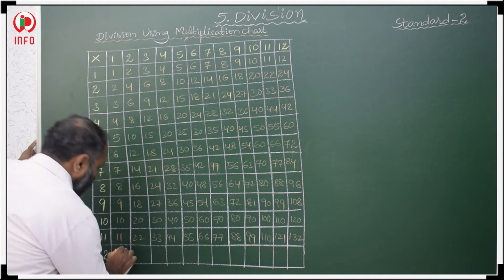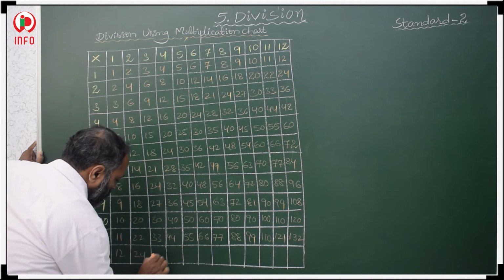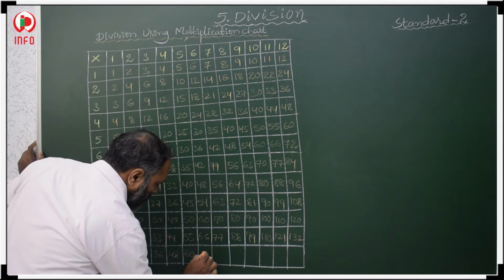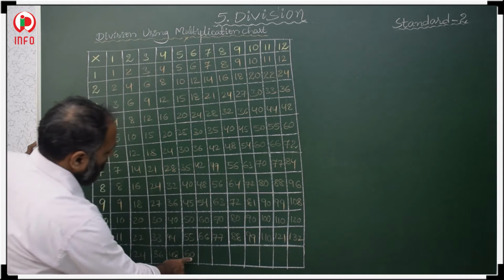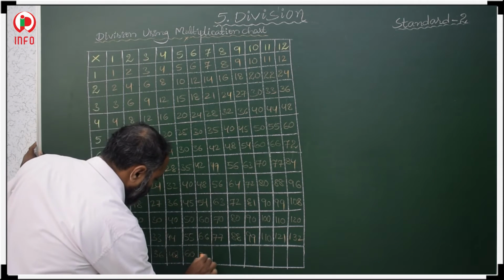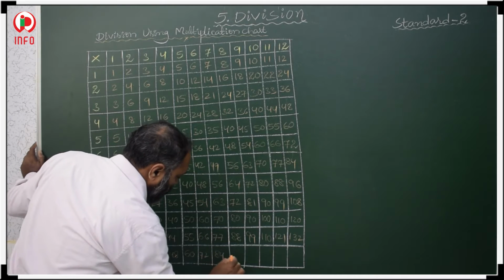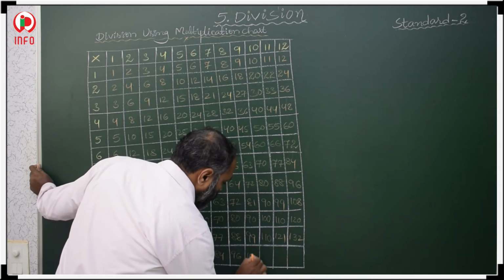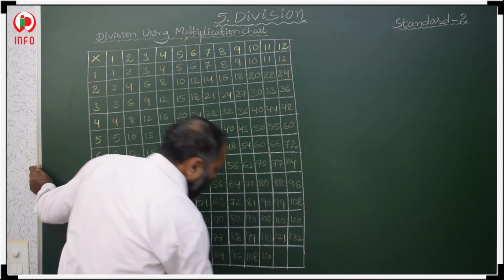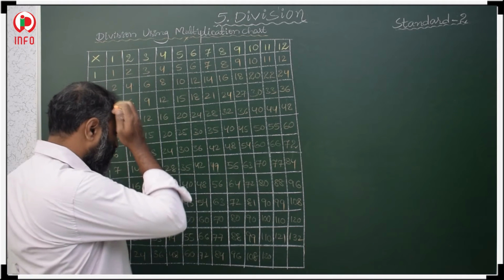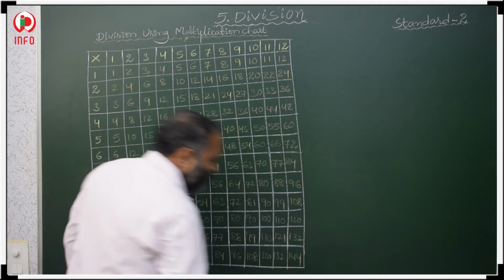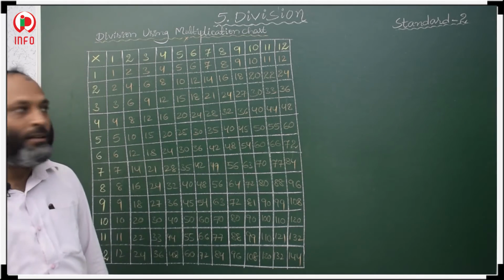Next, 12 ones are 12, 12 twos are 24, 12 threes are 36, 12 fours are 48, 12 fives are 60, 12 sixes are 72, 12 sevens are 84, 12 eights are 96, 12 nines are 108, 12 tens are 120, 12 elevens are 132, 12 12s are 144.